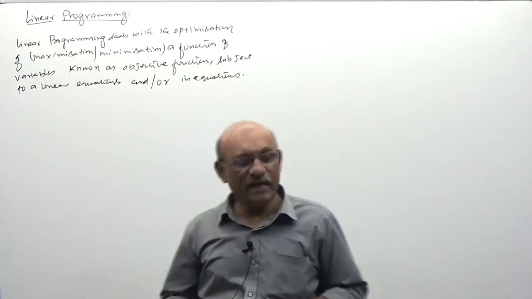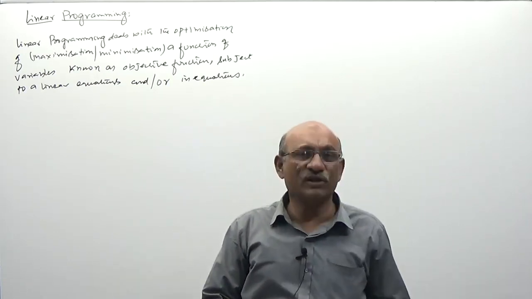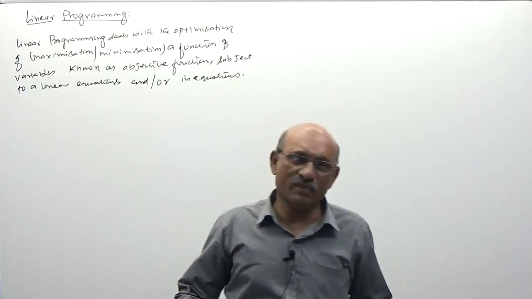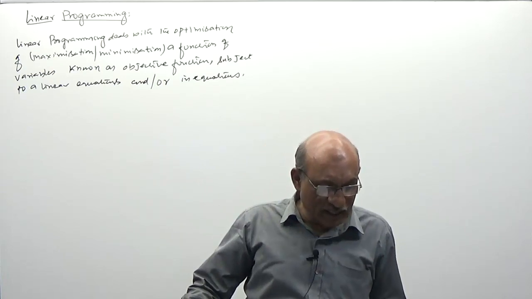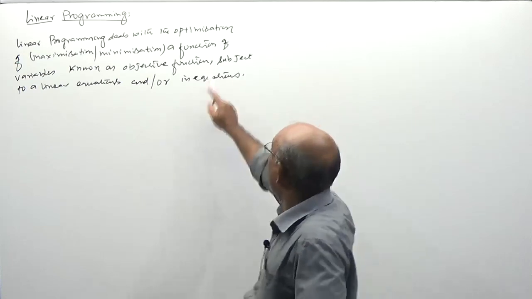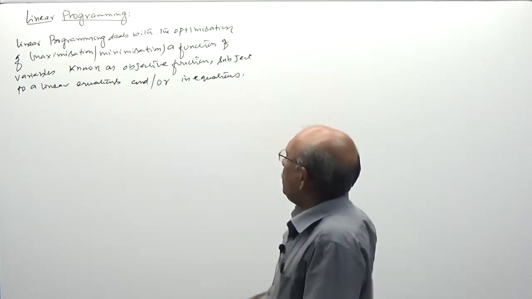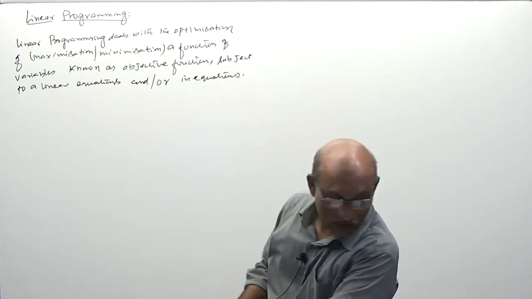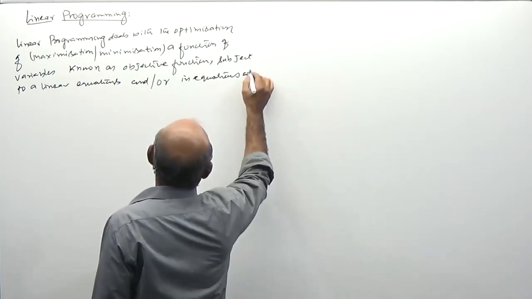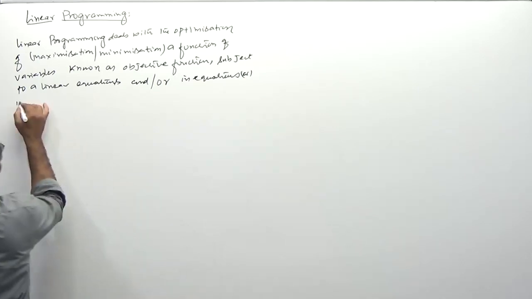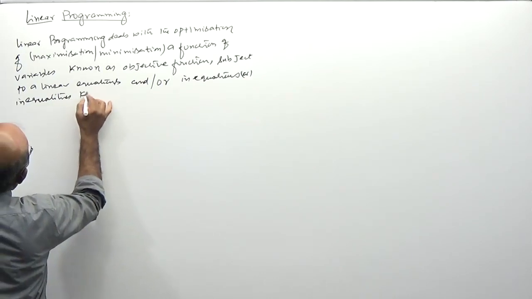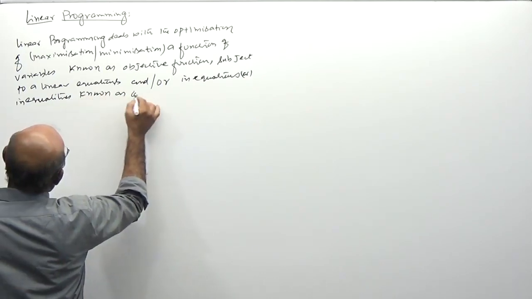So for every linear programming problem, there is an objective function which is profit maximization or a cost minimization, subjected to certain inequalities, that is, subjected to linear equations or inequalities known as constraints.